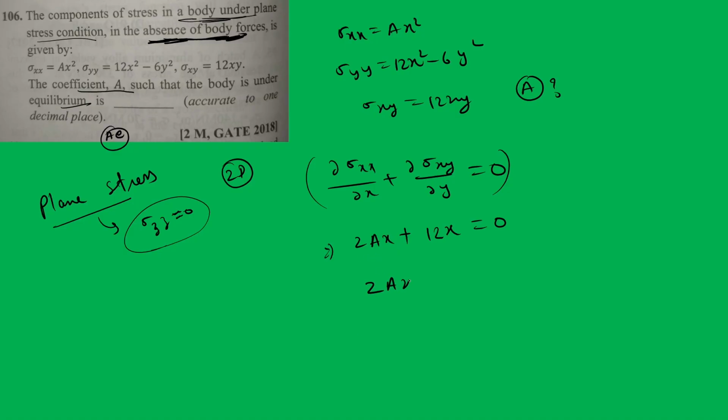So 2ax is equal to minus 12x, and this x and this x cancel. 2 sixes are 12, so a is equal to minus 6. That is how you find it. Very easy, very simple.